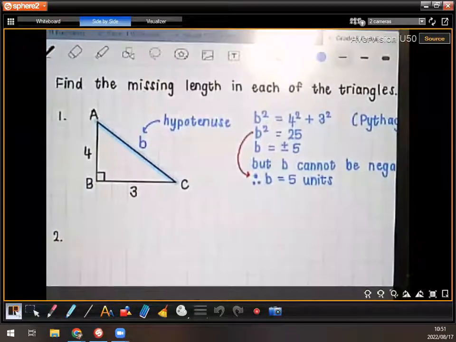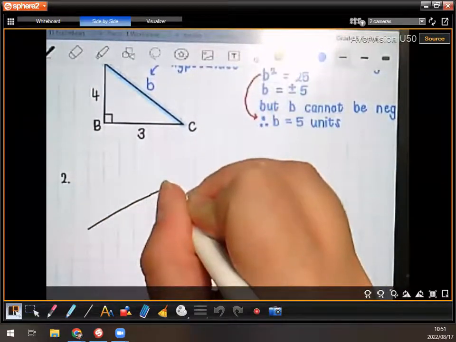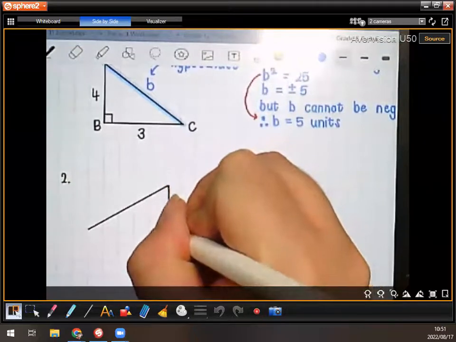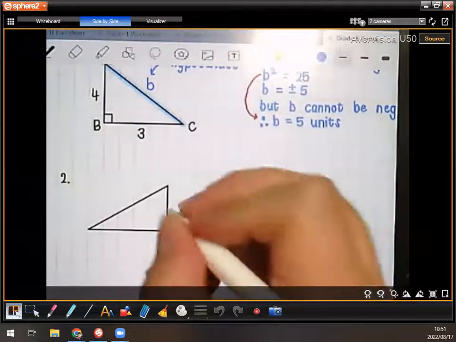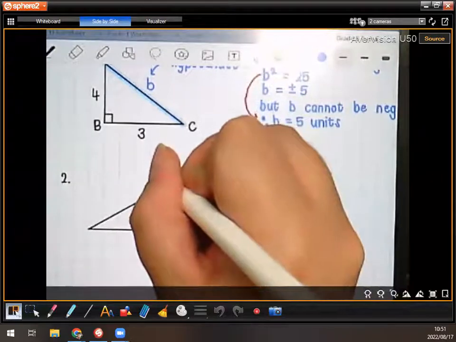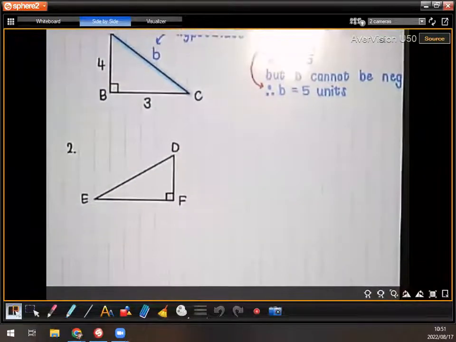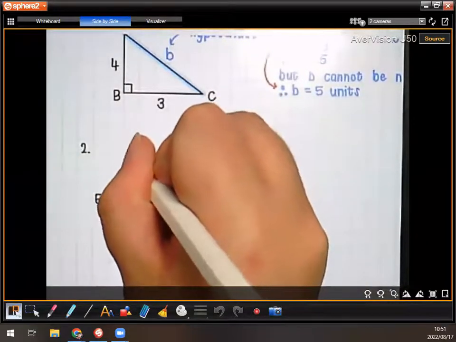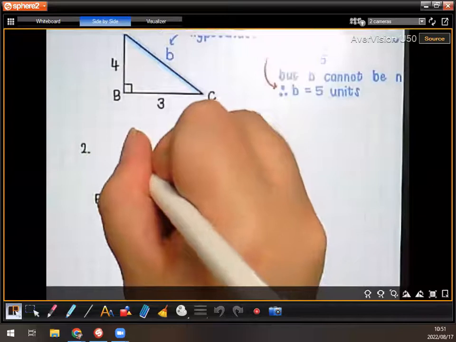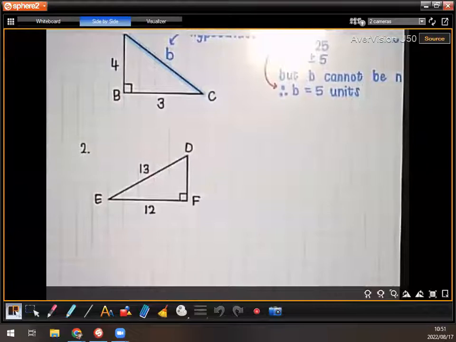Okay, so example 2. We need to be able to do these without the use of a calculator.